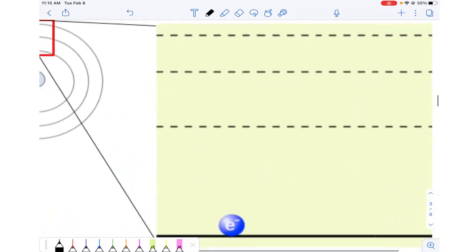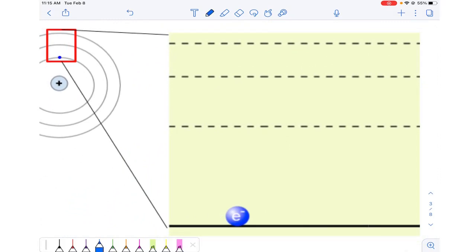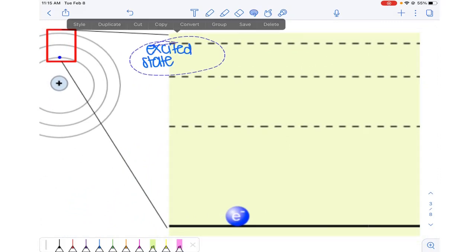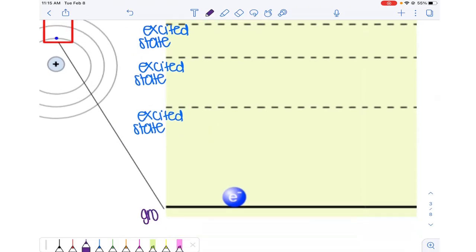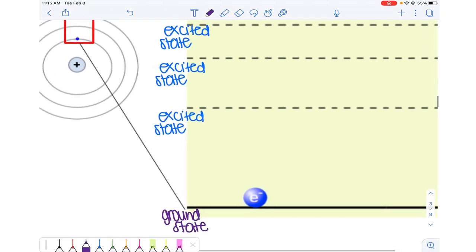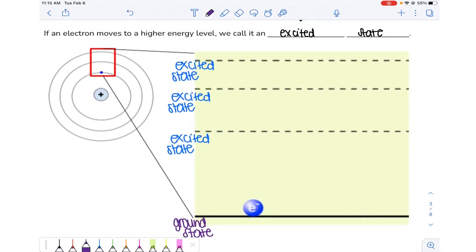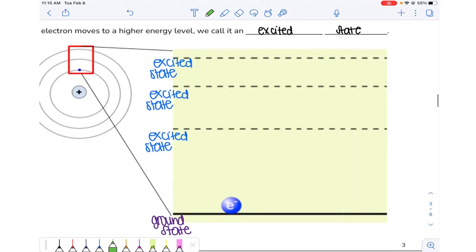So each of those dashed lines there would represent an excited state, and this lowest level here would represent the ground state. As you move farther away from the nucleus, you're actually getting higher in energy levels. So your energy is going to increase as you move away from the nucleus.